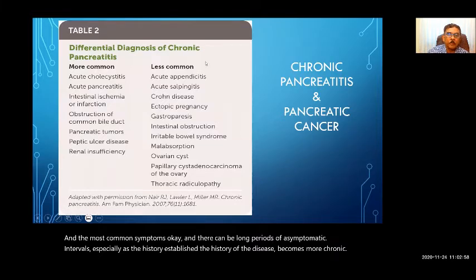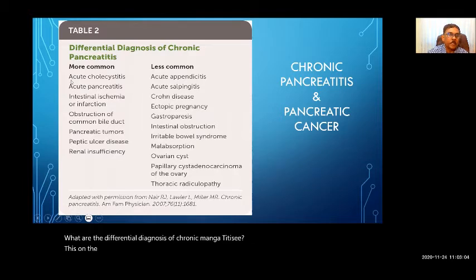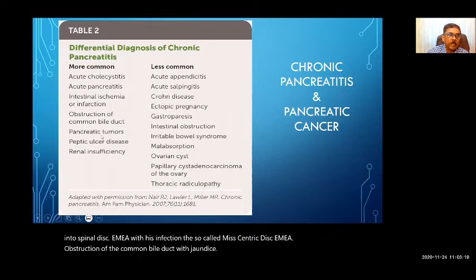What are the differential diagnoses of chronic pancreatitis? On the left, these are the common ones: acute cholecystitis, acute pancreatitis, intestinal ischemia with infarction, the so-called mesenteric ischemia, obstruction of the common bile duct with jaundice, pancreatic tumors, peptic ulcer disease, and renal insufficiency.